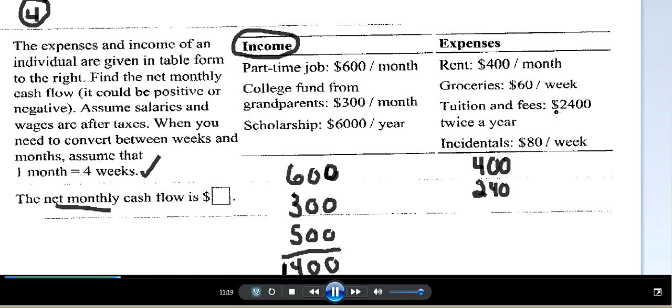So twice a year would be 4,800 divided by 12, and that'll give you 400. And finally, incidentals, $80 a week. Again, times 4 would be 320. Add these up for the expenses, and you get $1,360.